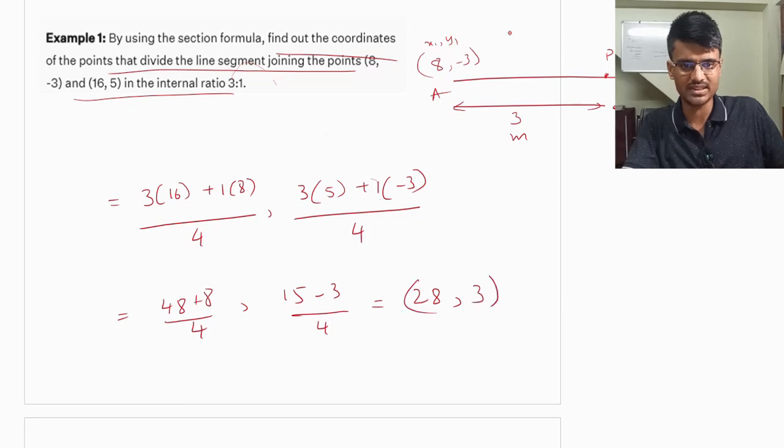So these are the coordinates of point P. So it divides the line segment AB in the ratio 3:1. Okay, so this is how you solve.